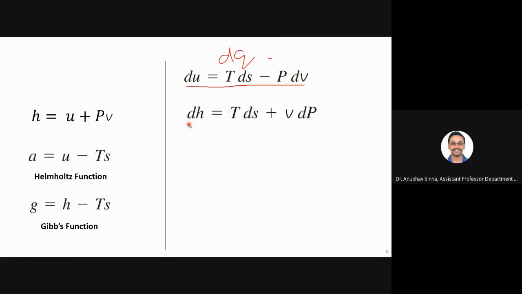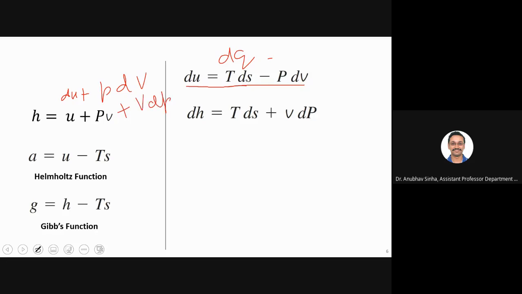Now dH, from this H I can write dH. Basically, if you differentiate this, dH is equal to dU plus PdV plus VdP, because dU is expressed here like this.